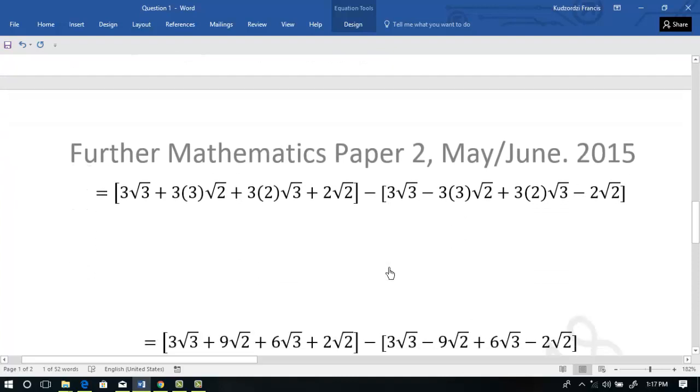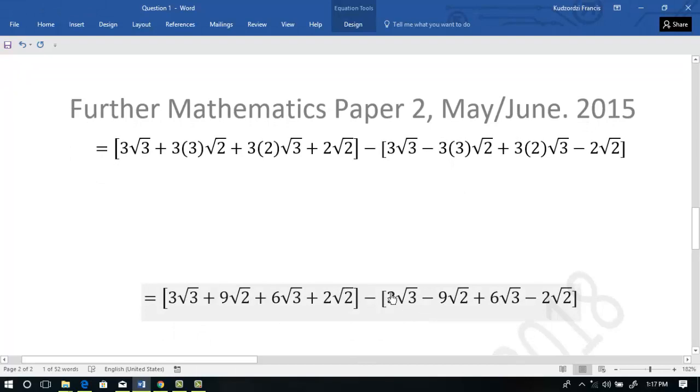Now we move on further. This will be 9, 3, 3, 9, then 3, 2, 6. The same thing applies over here, negative 9, then positive 6. So the only thing you have to do here, this question is so simple, is to expand the brackets before the rules.